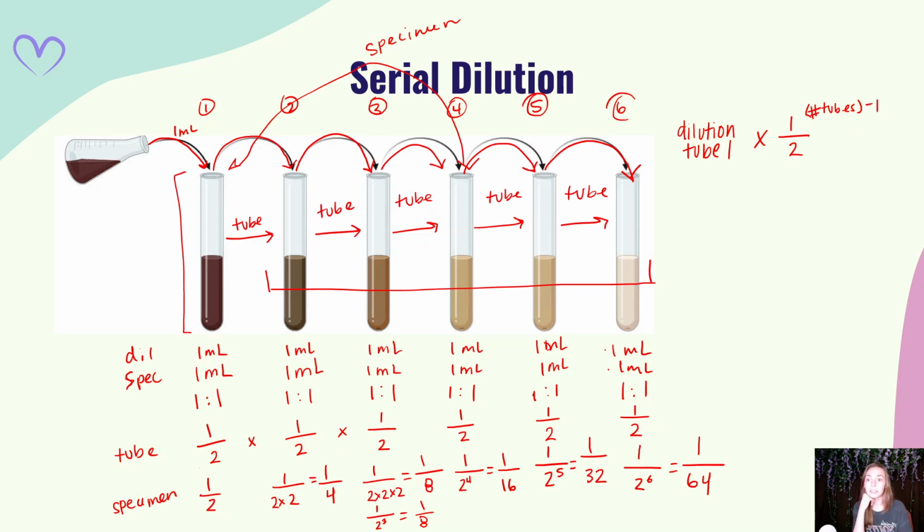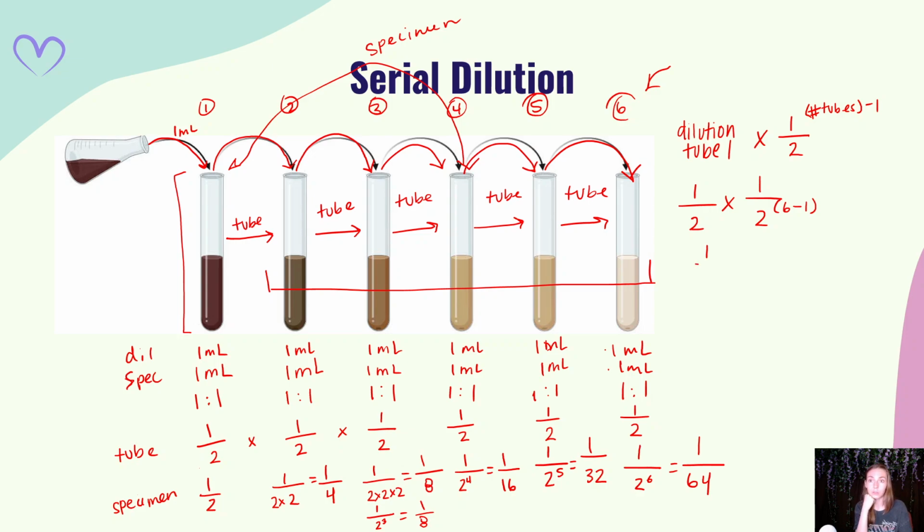So in this instance, to get to tube 6, we would multiply by 1/2 times 1/2 to the power of our total number of tubes, which is 6, and we would subtract 1 from that.